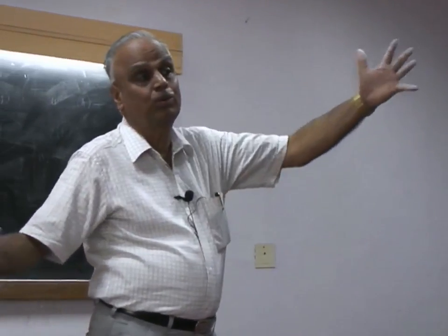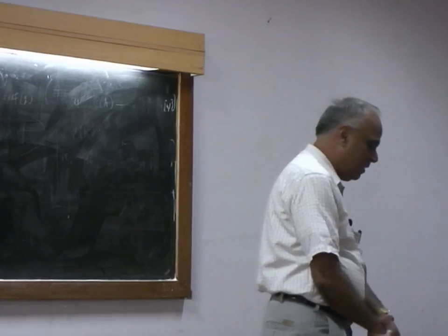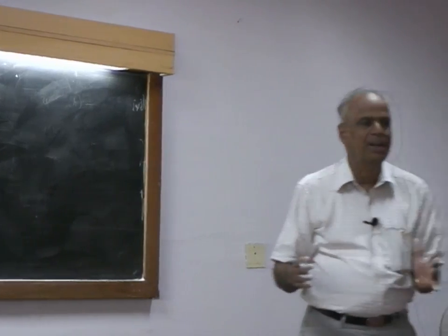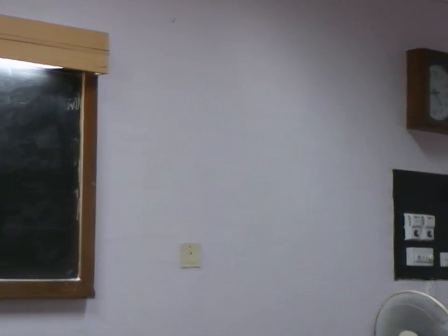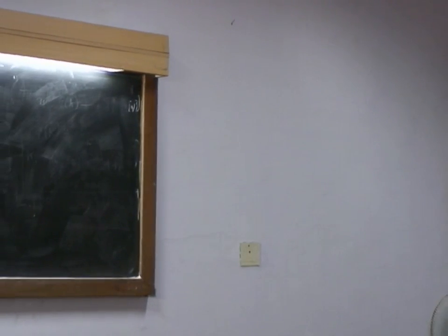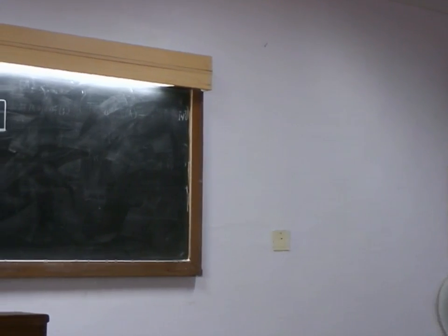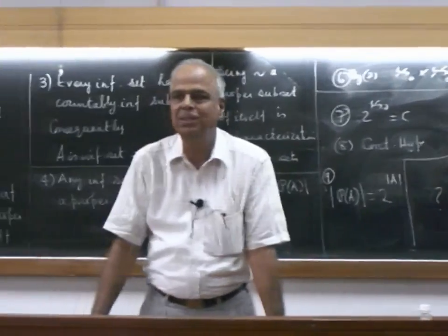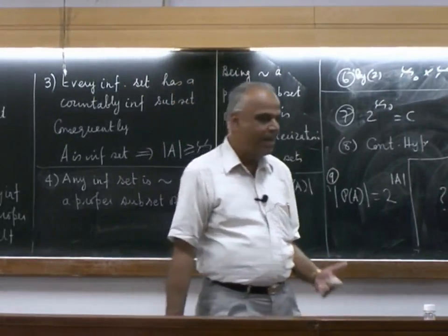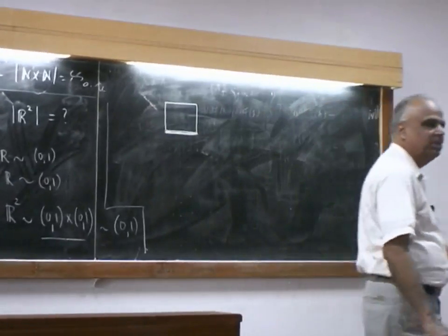So, therefore, there is a world of difference between the interval and the unit square, if you are looking at it from the point of view of measures. But if you are looking at it from the point of view of simply points and sets, they are both the same. Nobody is bigger than the other. Each is equal. So, therefore, again, small and big is a matter of perception.